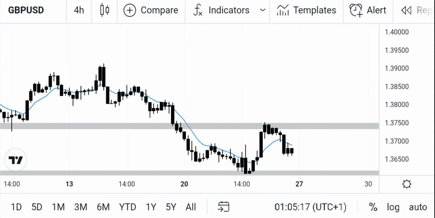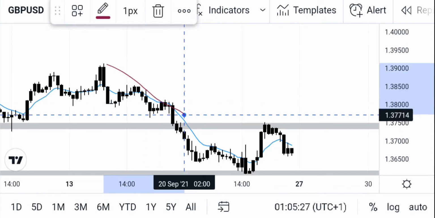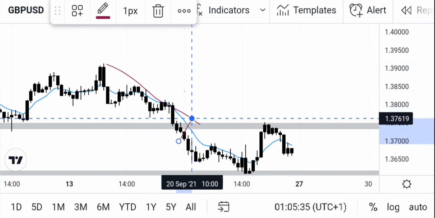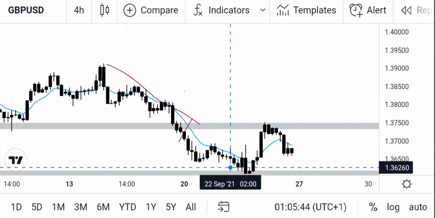Now on the 4 hour, in my last video I had a trend line around this zone. And I said I felt like price was going to react to that trend line before dropping, but price did not react to that trend line. It just retraced a little bit to the upside.